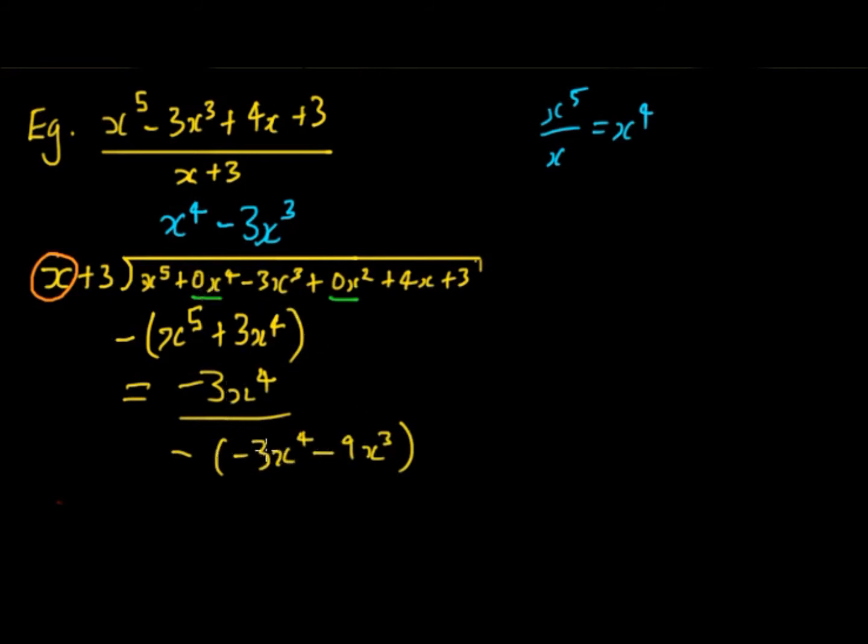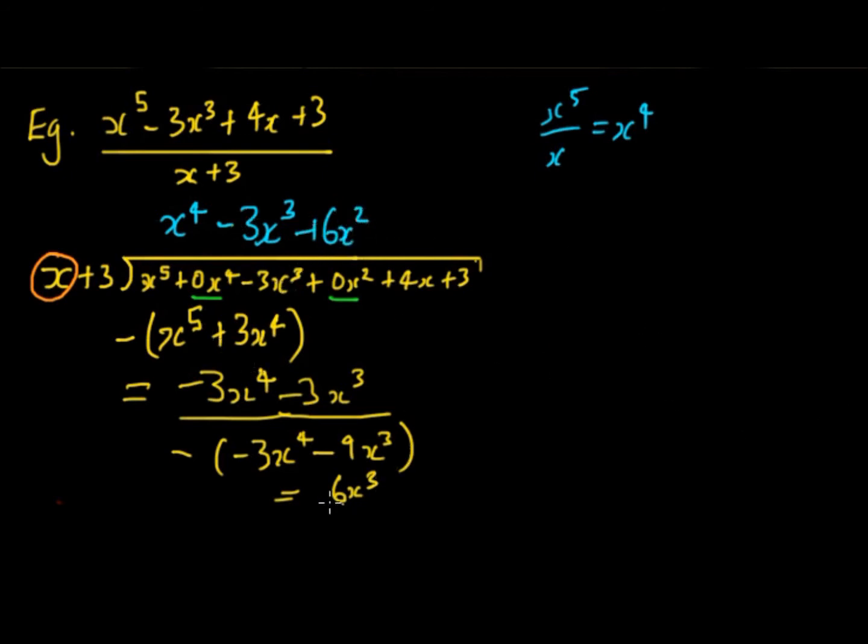So we'll do up this term up here. We'll bring the negative 3x to the 3 down. We find that negative plus positive cancel out. And then a negative with positive 9 will give us 6x to the 3. Then we bring that up. We get plus 6x squared.